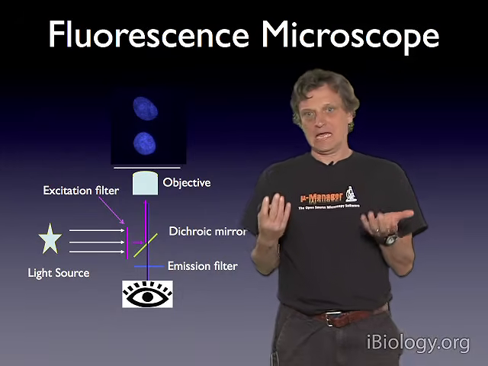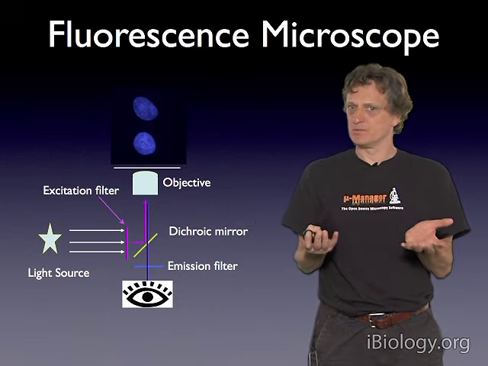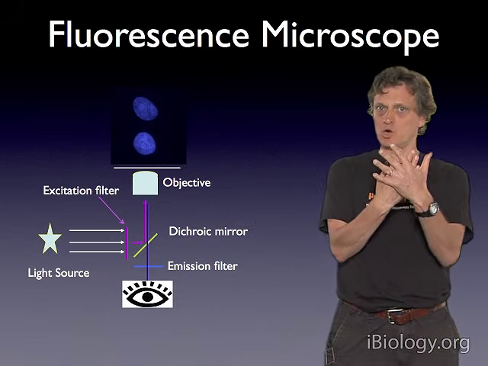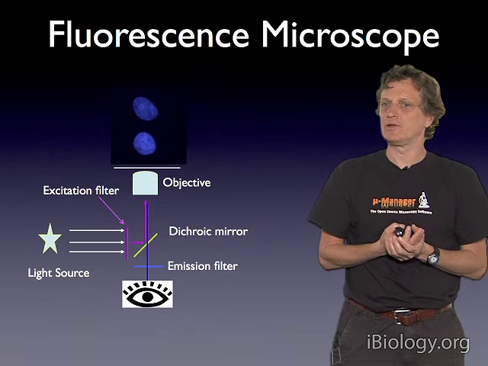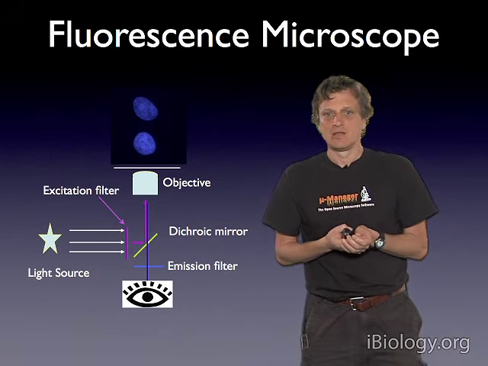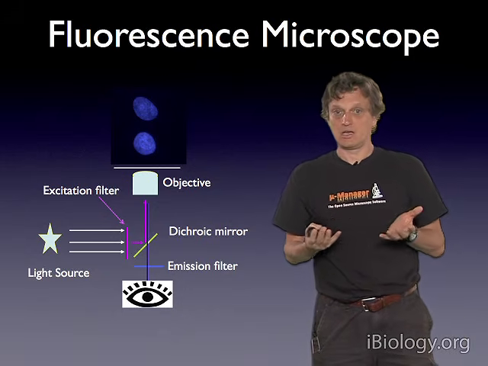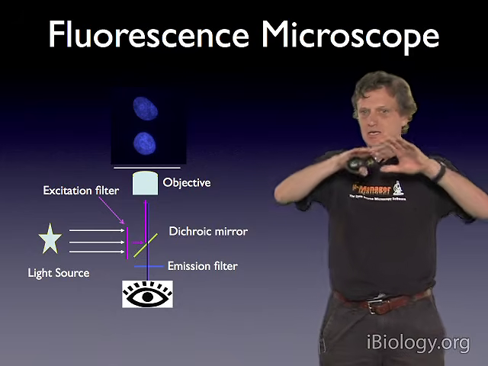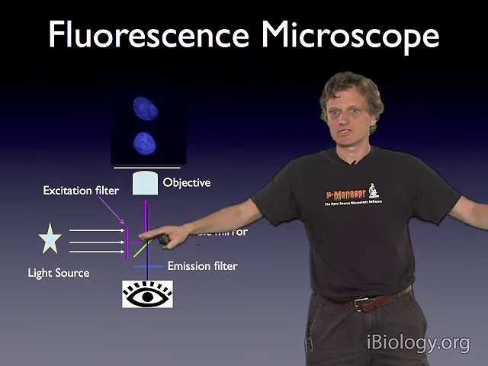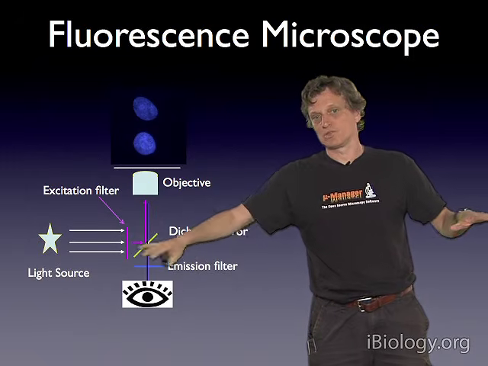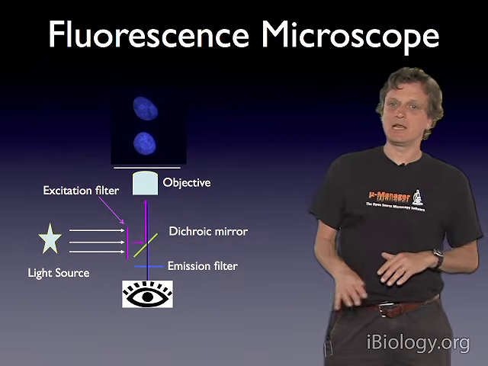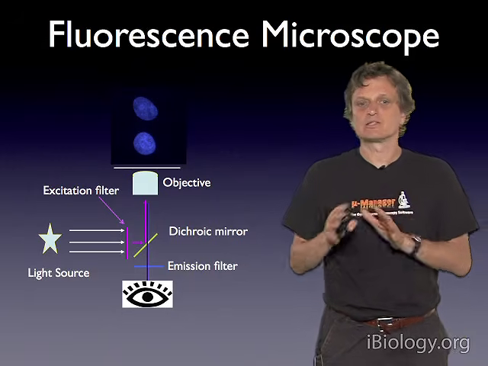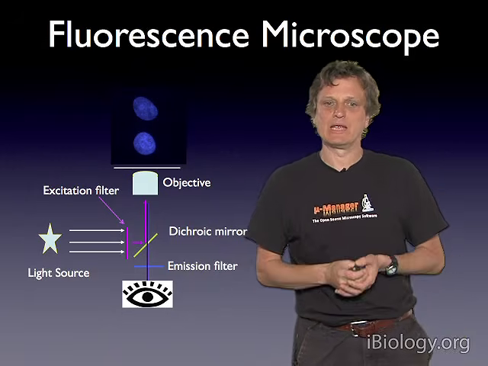Well, you can have filters that are based on absorption, that absorb certain wavelengths of light. Those are not that great in practice because their spectra are very broad, so they will also absorb a bit of the emission light, so they will not exactly do what we want them to do.